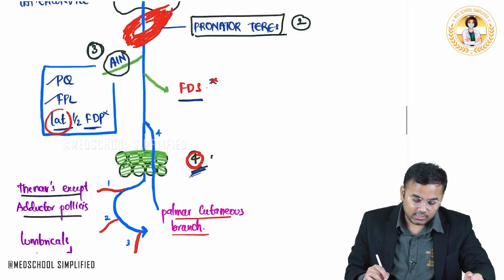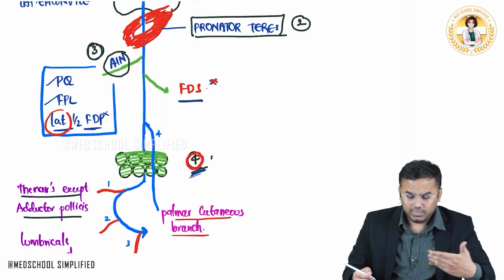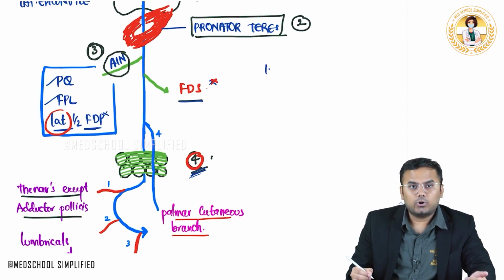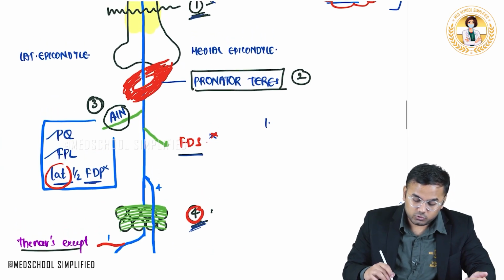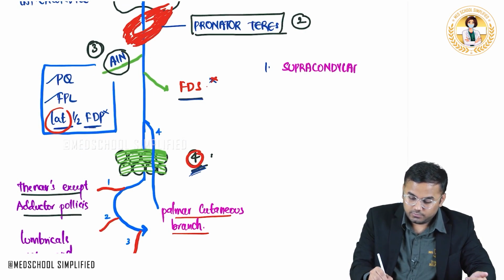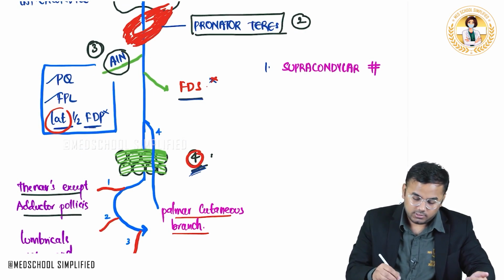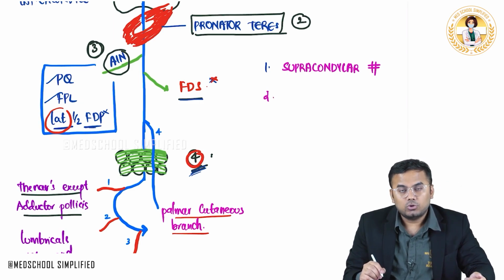So what are the important things you see? Let us write down the cases in which there can be injury here. The first important case is injury at the level of the supracondylar region, that is supracondylar fracture. Second, injury can be at the level of pronator teres also.